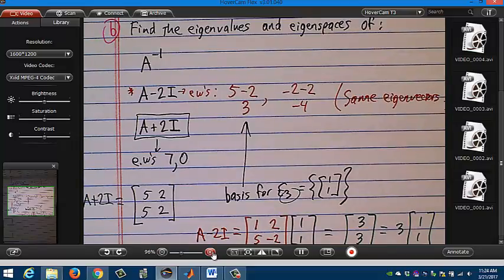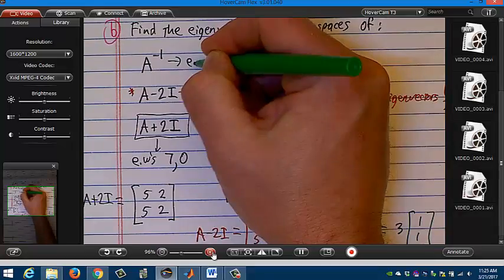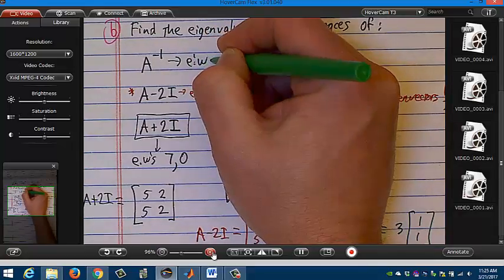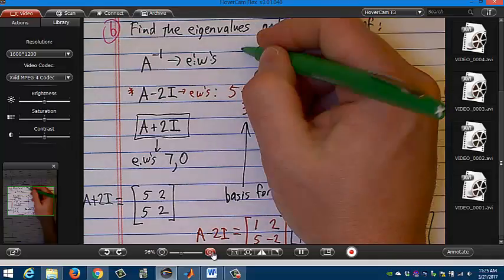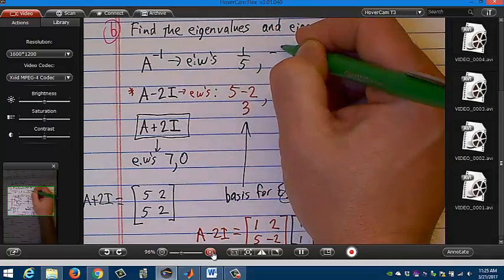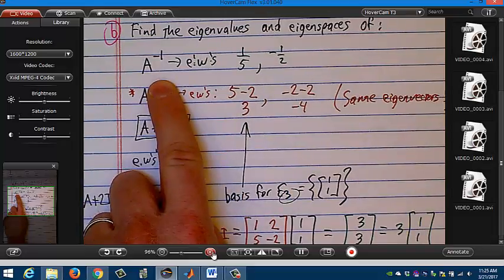All right, so let's do A inverse. What would be the eigenvalues that it has? 1/5 and negative 1/2, and they have the same eigenvectors. And by the way, this fact is also very closely related to what I did for my dissertation.